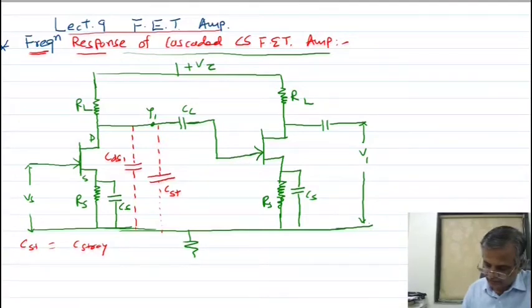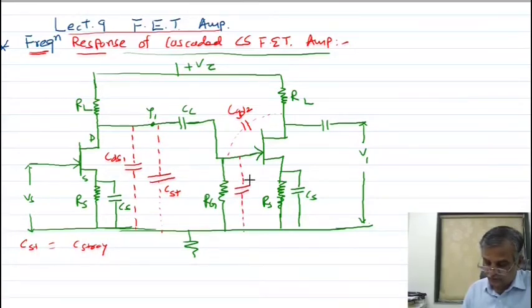This is your RG for the second stage. Here this is your junction capacitance CGD2. Here I am showing the input capacitance of a common source, and already you know that input capacitance Ci is nothing but CGS plus (1 minus AV) CGD.